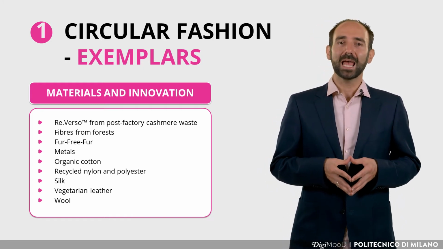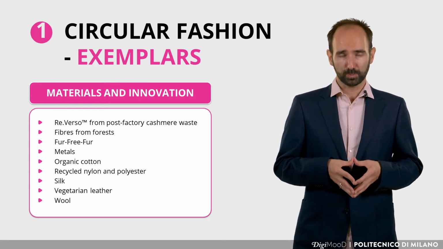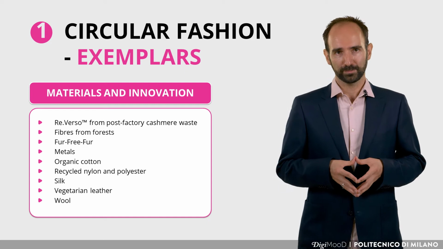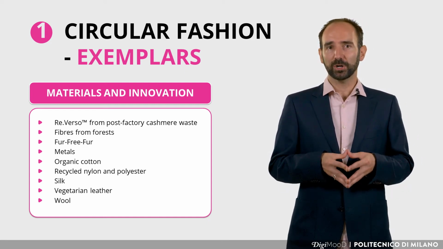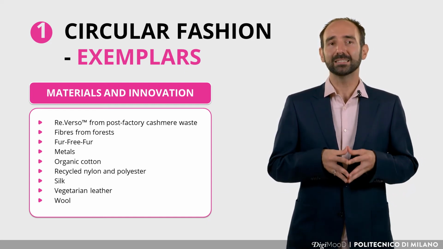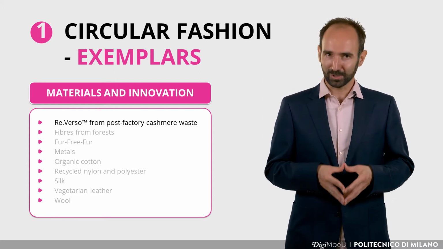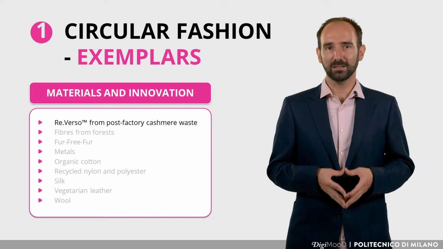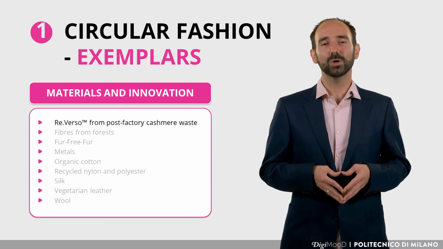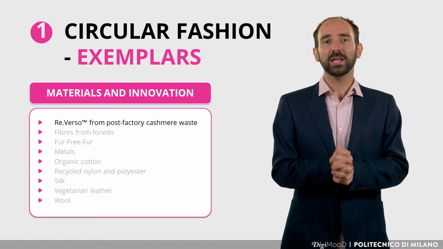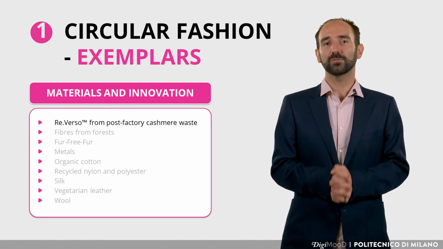Virgin cashmere has the highest environmental footprint, about 100 times that of wool. Instead, Stella McCartney is now using Reverso, regenerated cashmere made from post-factory cashmere waste in Italy. Reverso is the first and only platform for re-engineering cashmere materials for fashion.